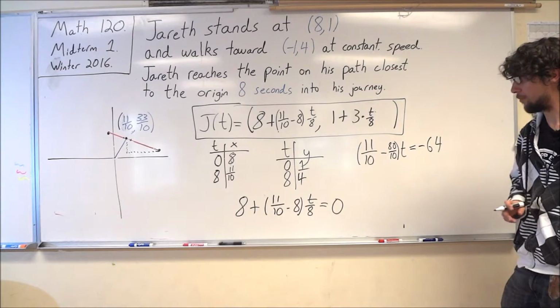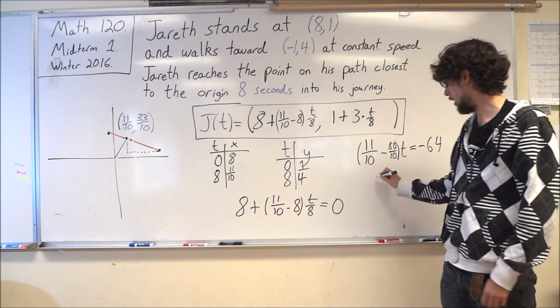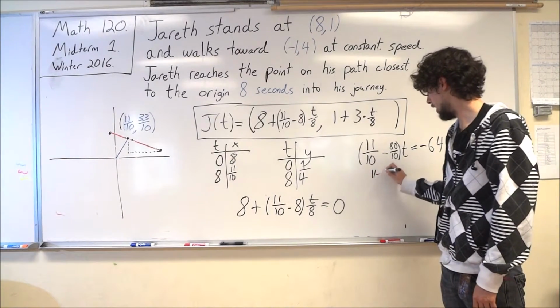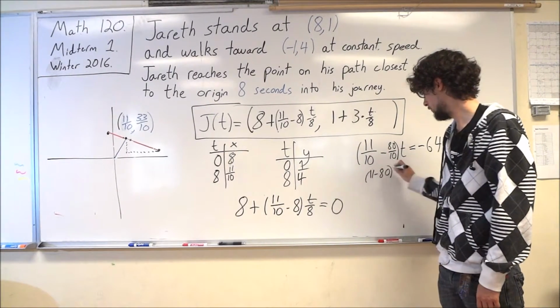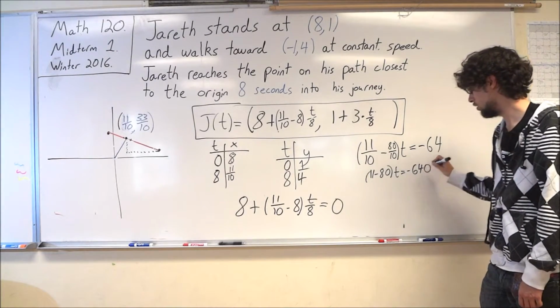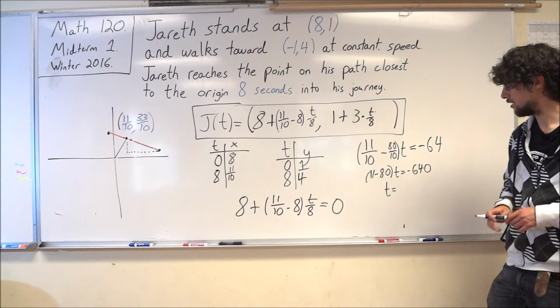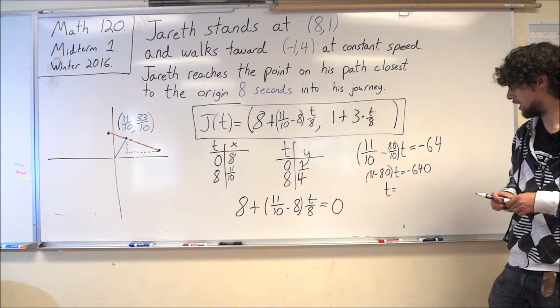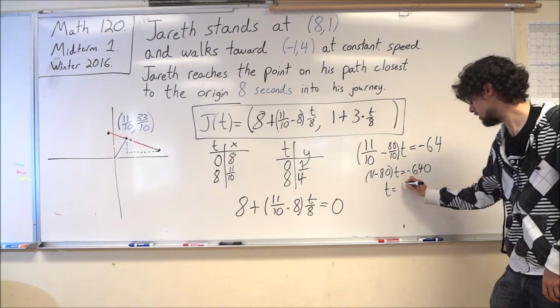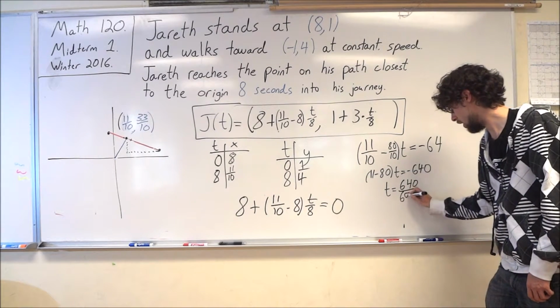Now I can multiply both sides of the equation by 10 to make my life a little easier. I have that 11 minus 80 t equals negative 640. This is 11 minus 80, which is negative 69. So I have t equals 640 over 69.